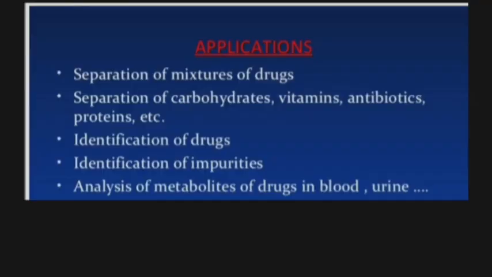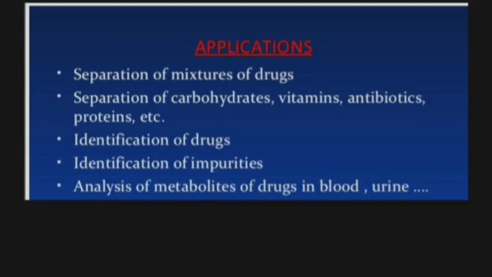Applications of paper chromatography. It is used to separate mixtures of drugs, to separate carbohydrates, vitamins, antibiotics, and proteins from a mixture. In identification of drugs, identification of impurities from a mixture, and even in analysis of metabolites of drugs in the blood and urine.